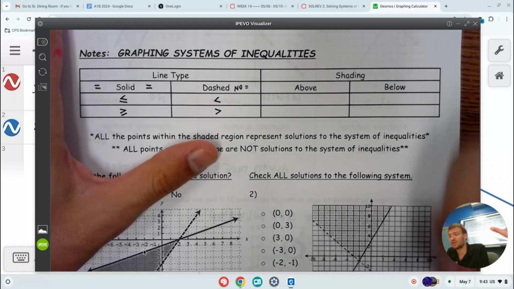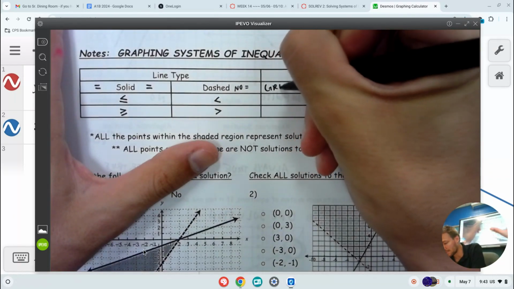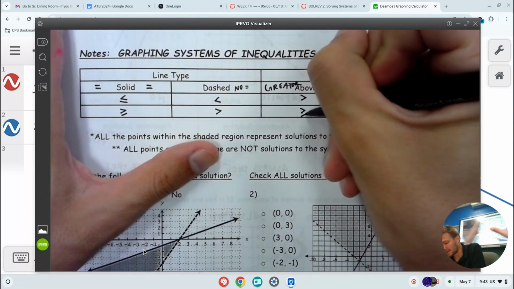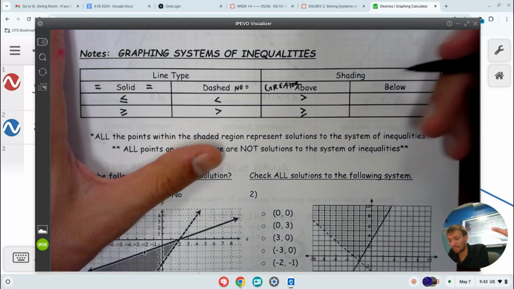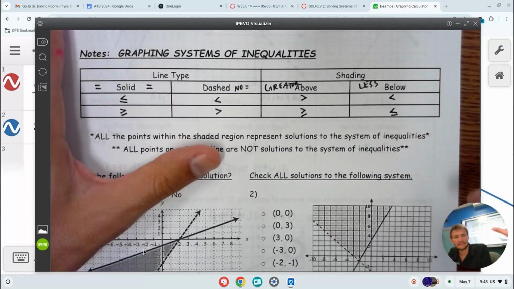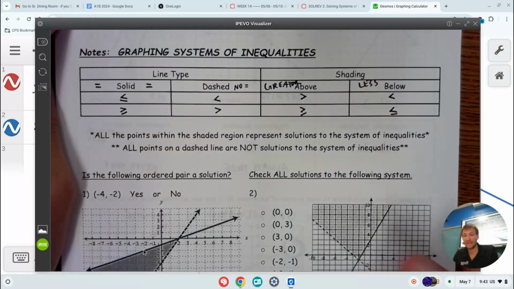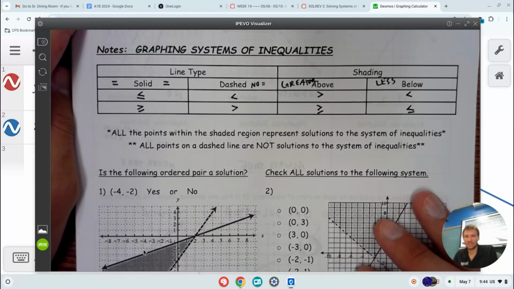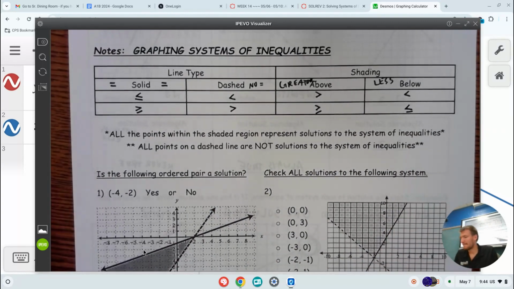If you are greater, then you are probably above. So we're going to go with greater and greater. And if you are below, then you are probably less than. So we're going to go with less and less. Just put an equal sign on one of them. But again, do you really need to memorize that? Not really, right? We can just type it in DESMOS.